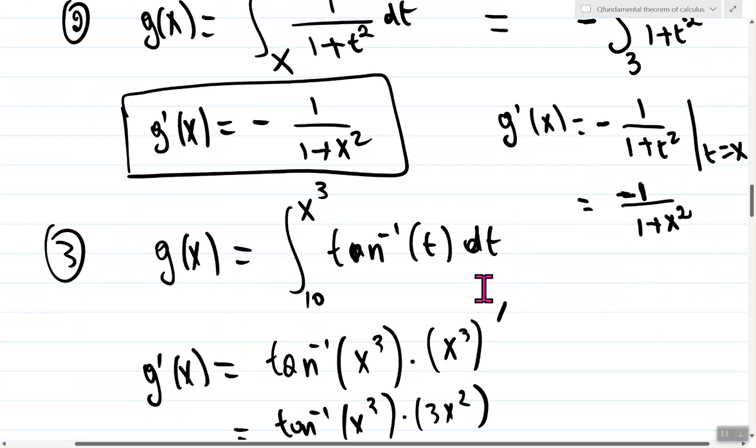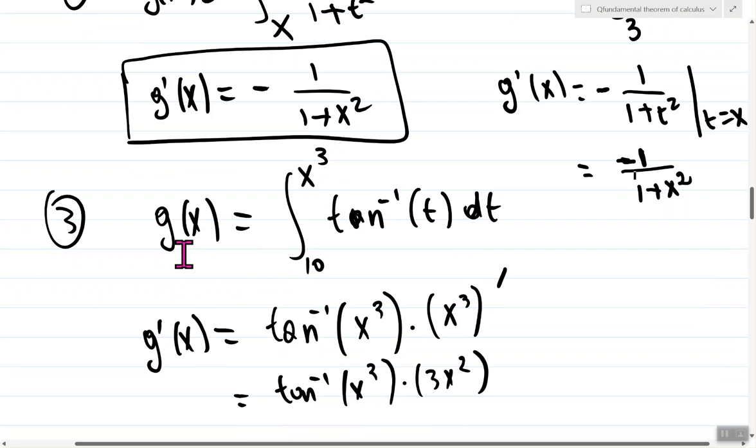Now, there is sometimes an integral where instead of x as the variable limit, it's x cubed, x to the third. And they still ask you to take the derivative of g of x. You apply the fundamental theorem of calculus part 1, which says copy the integrand.